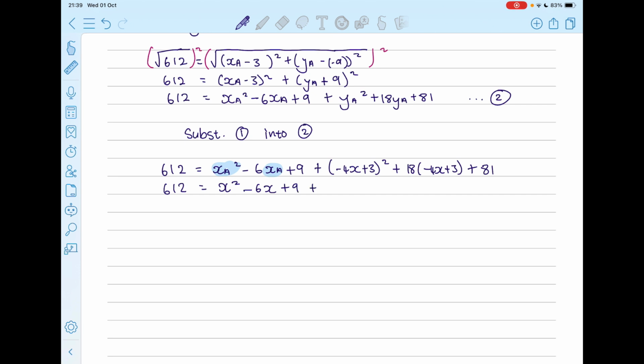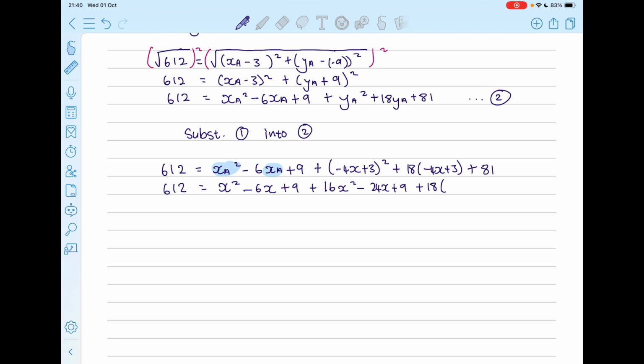Now let's expand this bracket. 4 and 4 is 16, so 16x squared. And then 4 and 3 is 12, so minus 12 minus 12, which is minus 24x. And then 3 and 3 is 9.